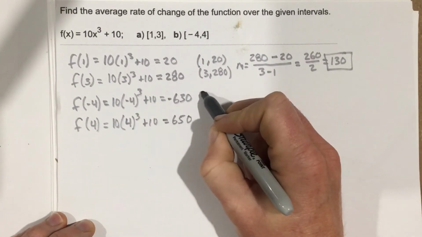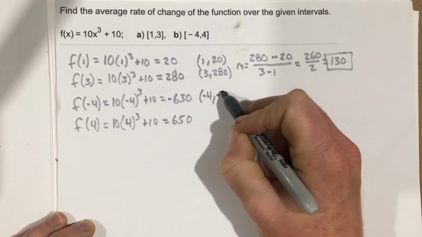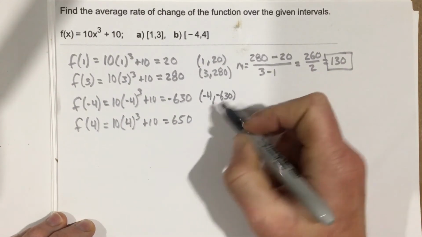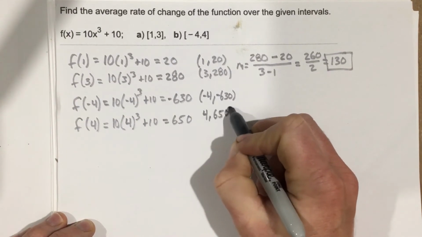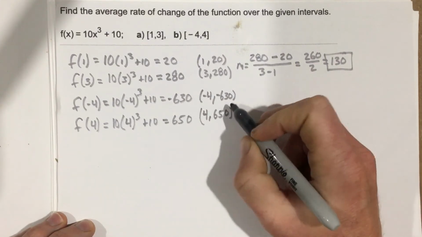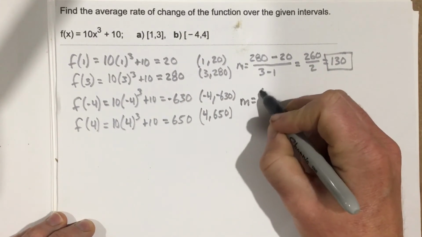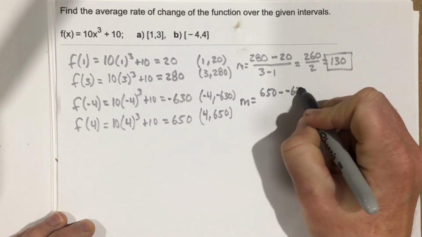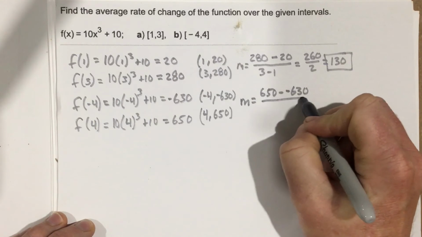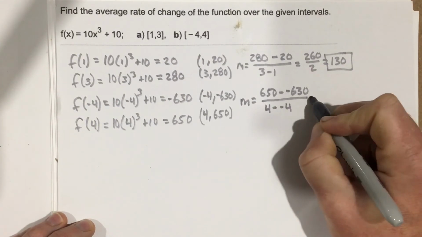So our coordinates here are (-4, -630) and the other coordinate is (4, 650). So let's go ahead and find the slope. That's going to be 650 minus -630 over 4 minus -4.